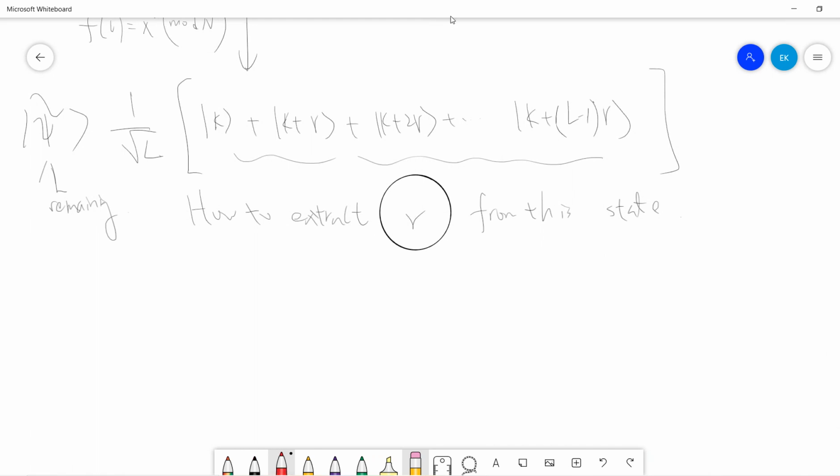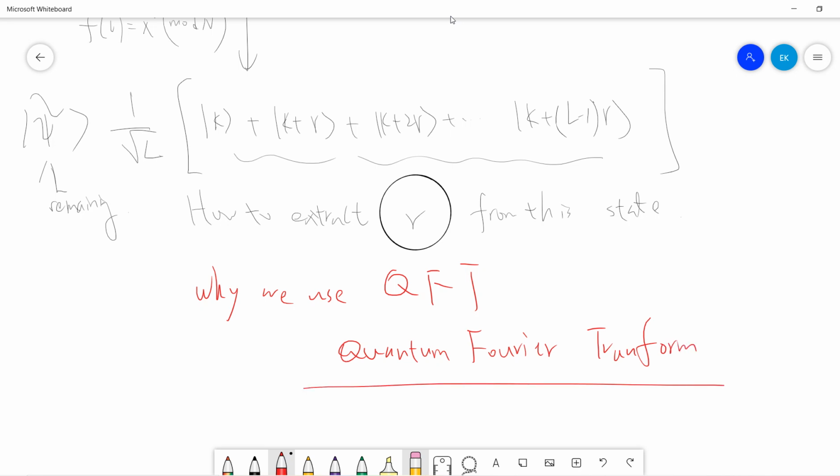So this is why we use the quantum Fourier transform. In the next video tutorial I will introduce the quantum Fourier transform, which has some magic power to extract some information about this r, and we will see how this can help.